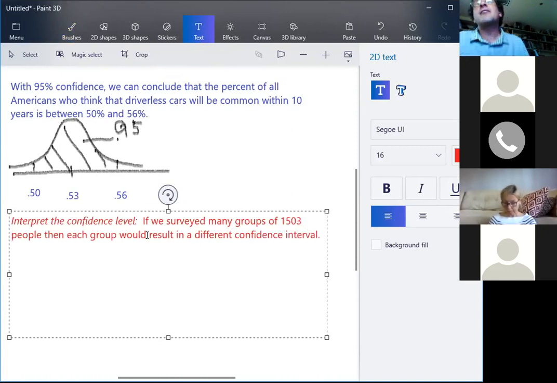Right? Because if they asked a different 1,503 people, they're not going to get the same number. They're going to get a different percent, and they get a different confidence interval.